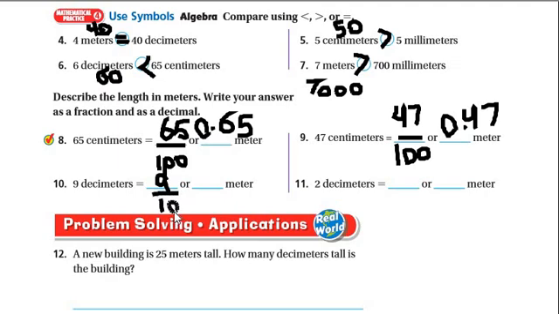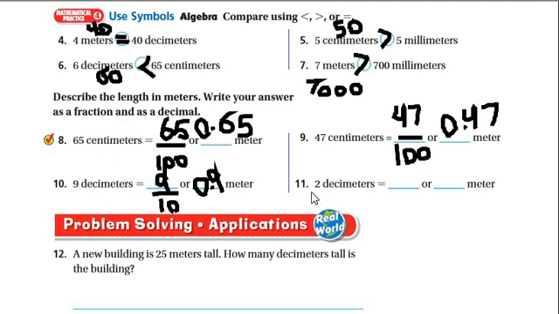This is the fraction form. Okay, let's write the decimal form. I write the numerator, which is 9. How many zeros here? Yes, 1. So I'll put my decimal point after one place. 1, then I place my decimal point, and there is no whole number. That's why I put 0 here. Let's read it together. It's 9/10.